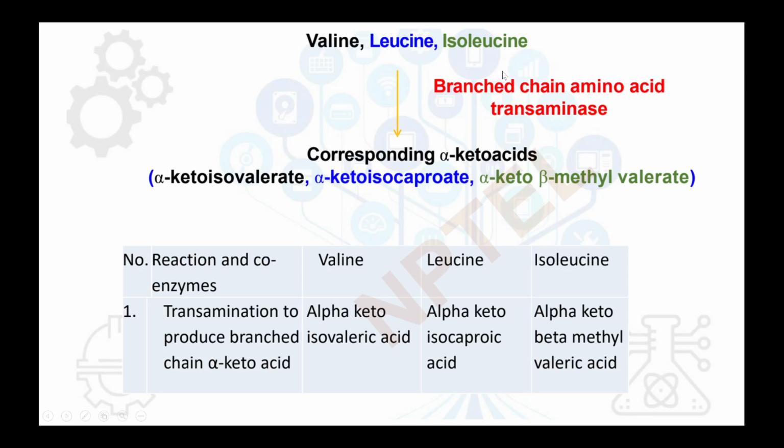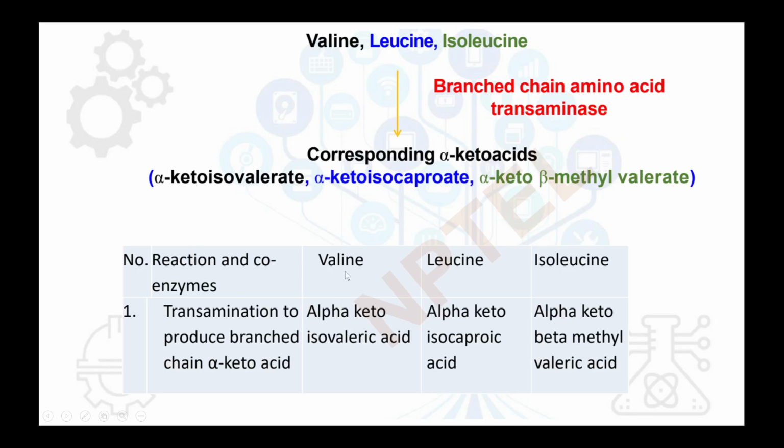Valine, leucine, and isoleucine are all transaminated by the enzyme branch chain amino acid transaminase to form the corresponding alpha keto acid. So valine gets converted into alpha keto isovalerate. Leucine gets converted into alpha keto isocaproate. And isoleucine is converted into alpha keto beta methyl valerate.